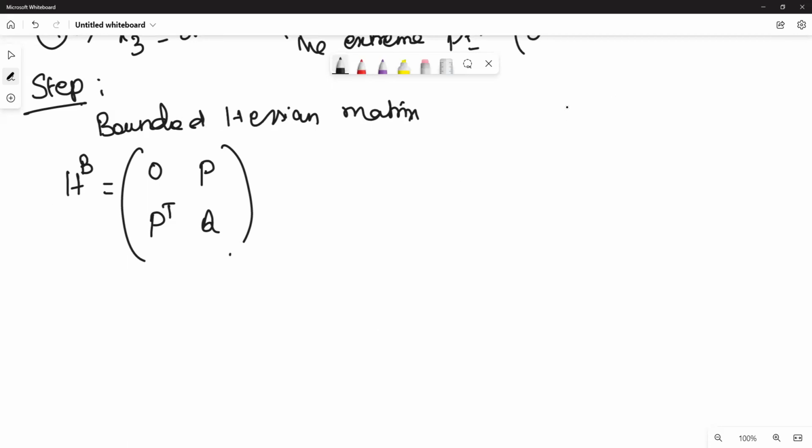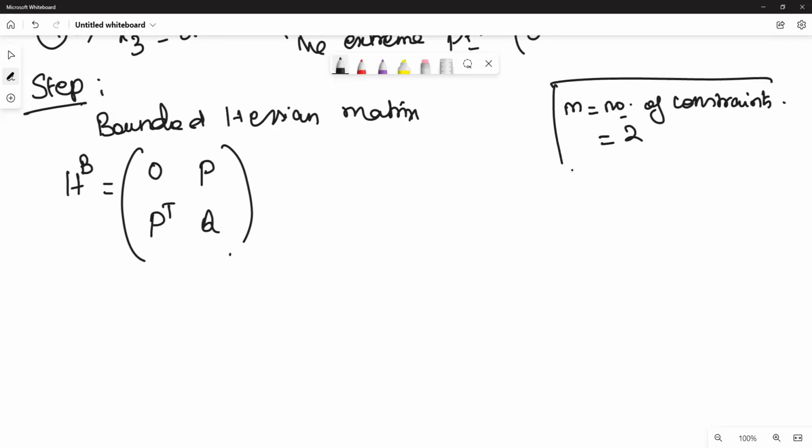I name the number of constraints as M. Here the number of constraints is 2, so M is equal to 2. That gives the order of the 0 matrix, so it is a 2 by 2 0 matrix.